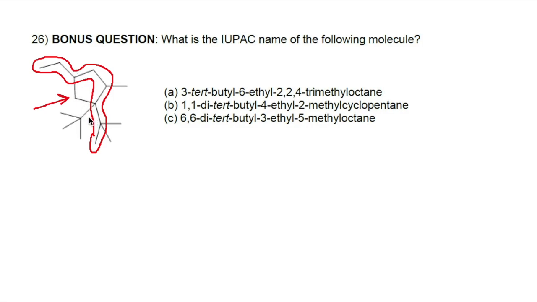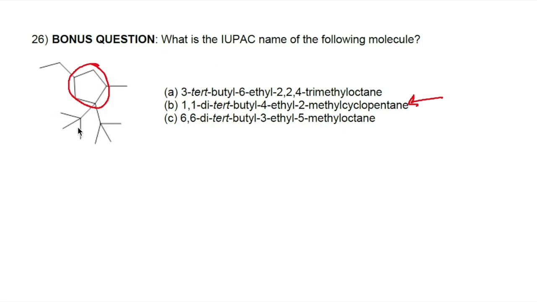That is not a substituent really, so we cannot define that in any other way. So once you decide that this is your longest possible chain, which is a 5-member ring, then this option is the only one that had a cyclopentane.